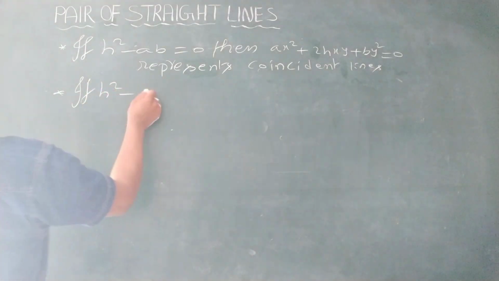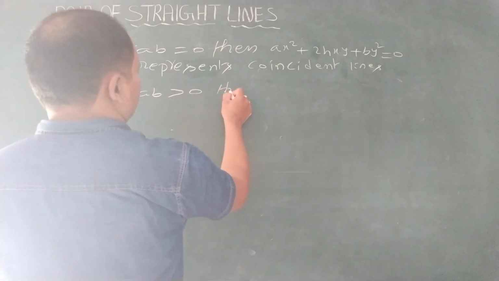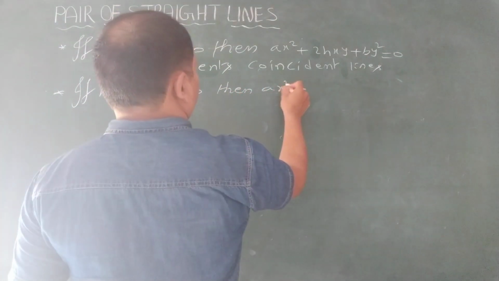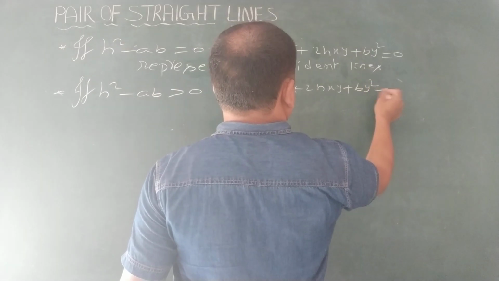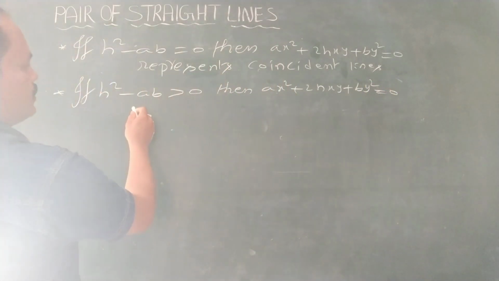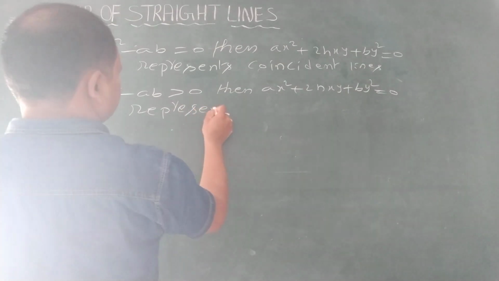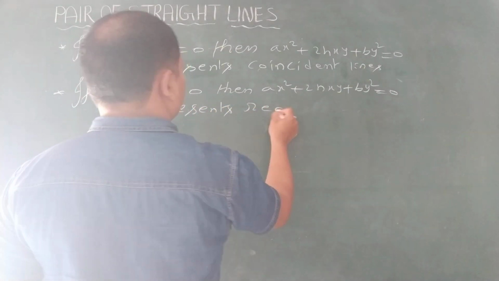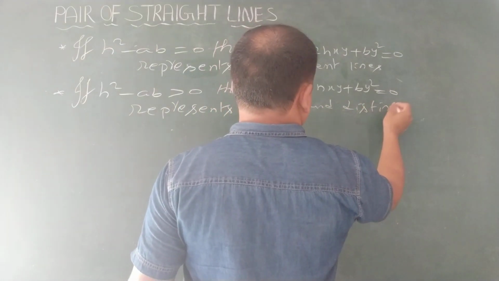If h square minus ab greater than 0, then ax square plus 2hxy plus by square is equal to 0 represents real and distinct lines.